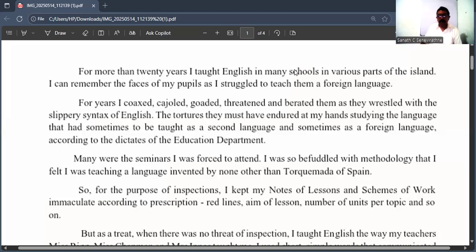Proper means of teaching English. Full stop.